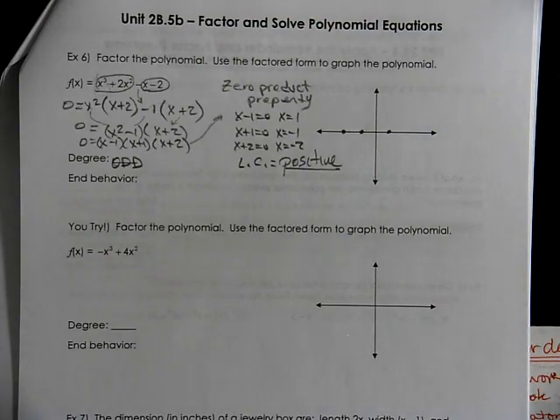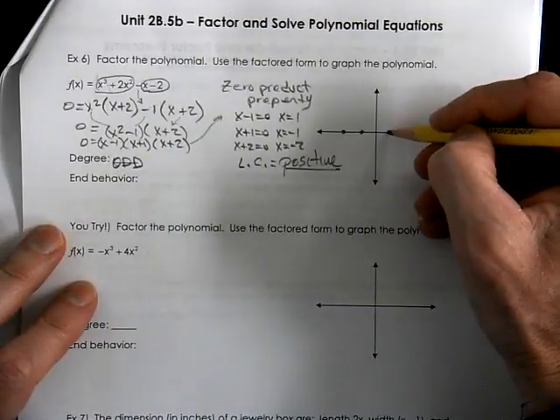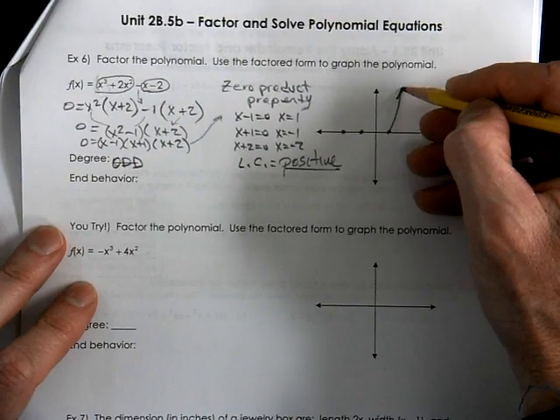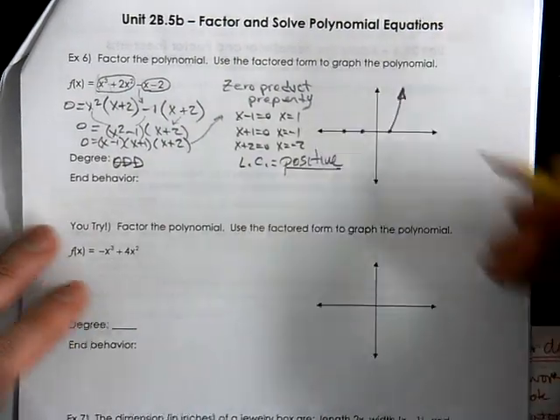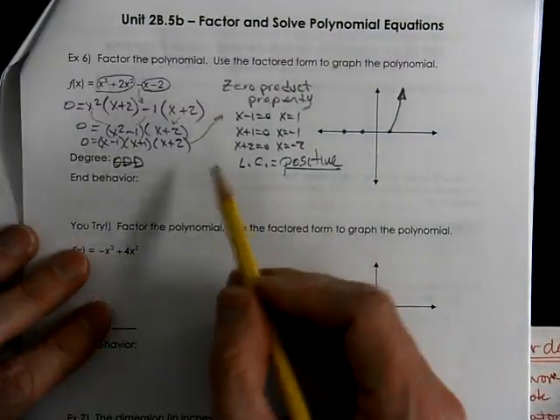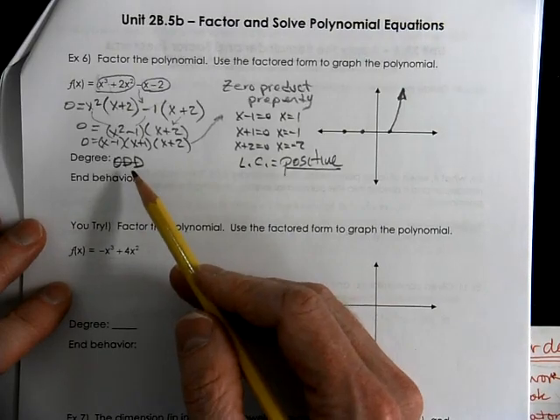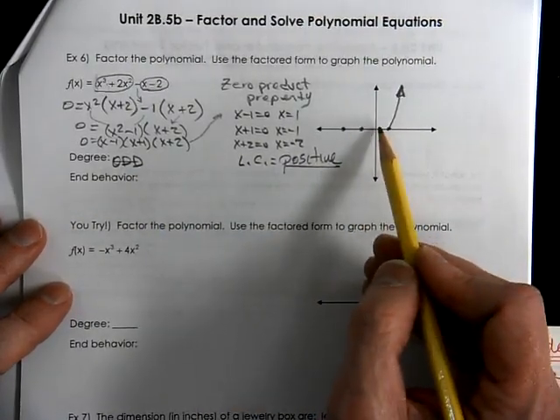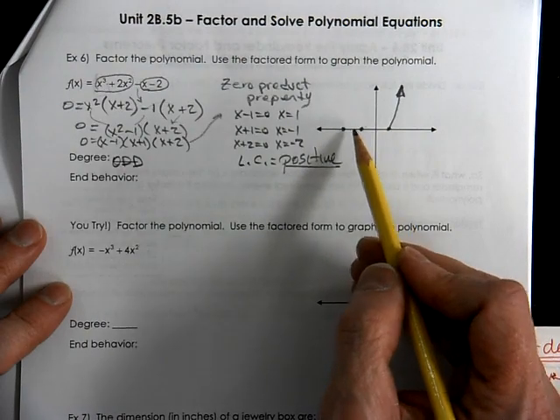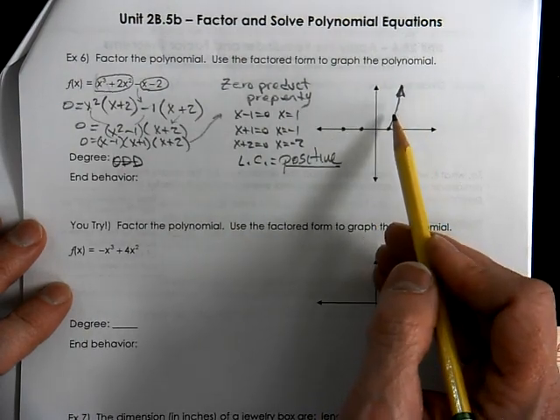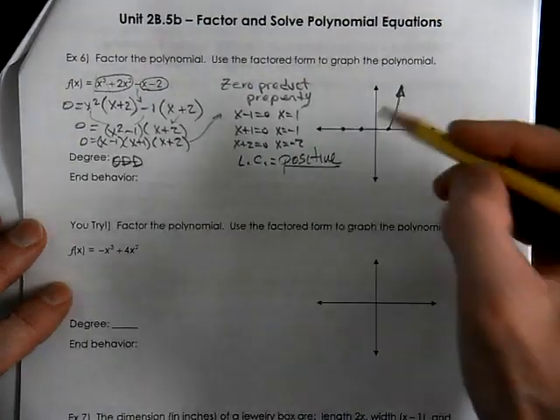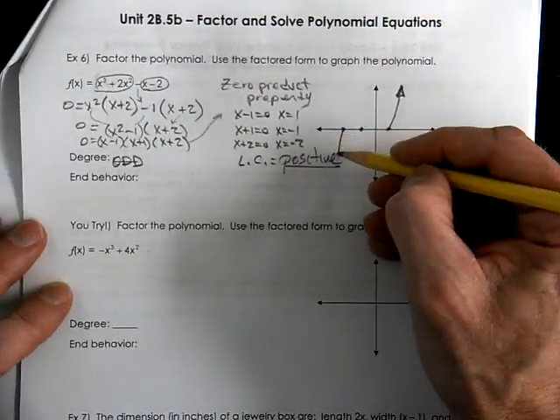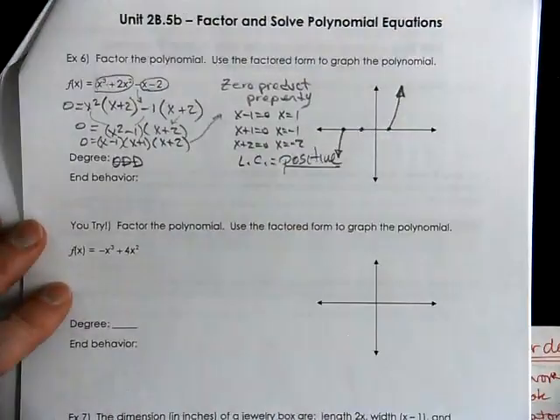What the positive tells us is that it increases to the right. The odd degree tells us that it's going to go in the opposite direction than what it did to the right. Since the right went up, when it moves to the left, it's going to be going down.